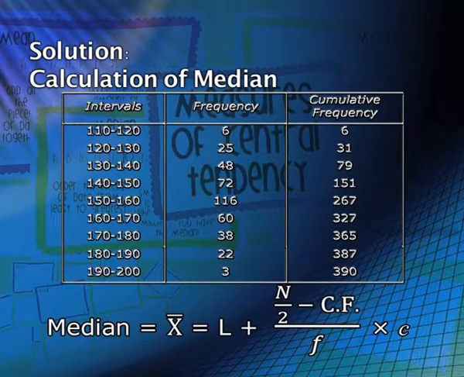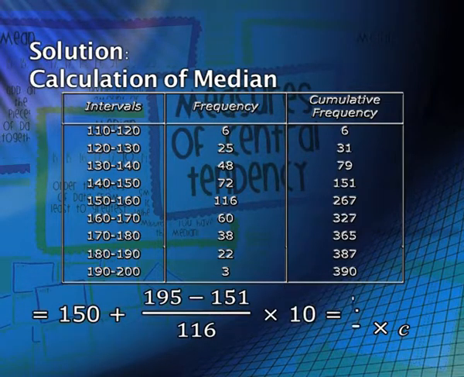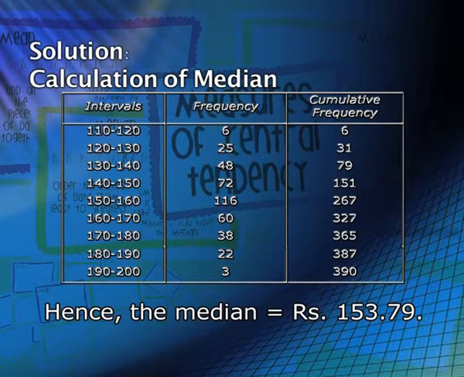Median equals to x bar, which is equal to L plus n by 2 minus CF divided by F times C. So that is equal to 150 plus 195 minus 151 divided by 116 times 10. 10 is the class size, which is giving us, after the whole calculation, the figure as 153.79. Hence the median is equal to rupees 153.79.